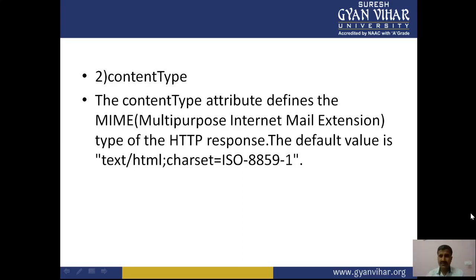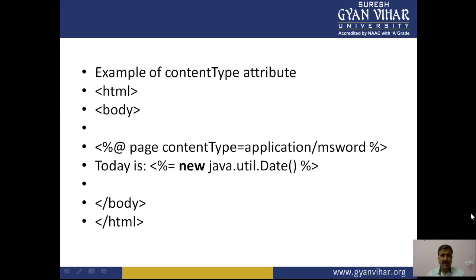The default value is text/html; charset=ISO-8859-1, right? So this is the multi-purpose internet mail extension. For example, if you are using a new java.util.Date, you can use contentType is equal to application/msword, like that, right?